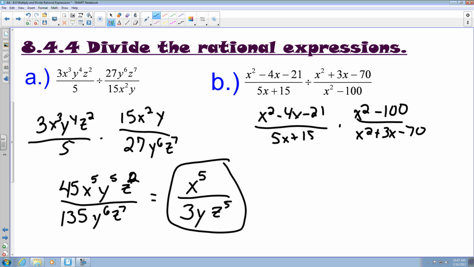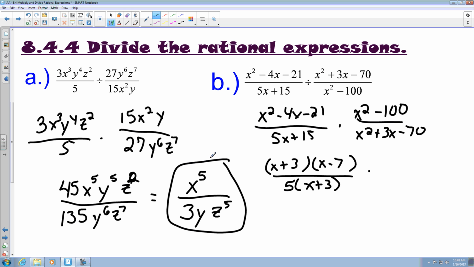So I can reverse FOIL this numerator here, which will give me x plus 3 and x minus 7, all divided by, I can factor out a 5 here, so then that leaves me with x plus 3 in the bottom.